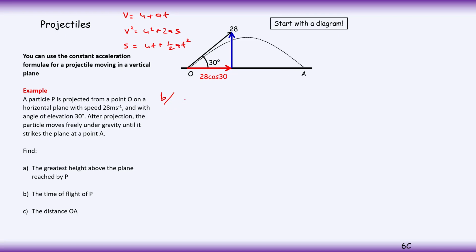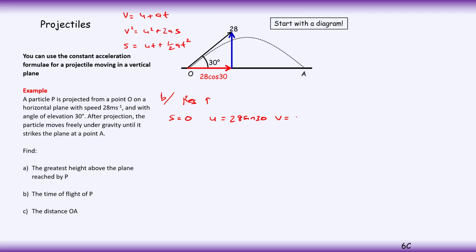Again, I'm going to resolve vertically. Because the displacement at point A is going to be 0, S is equal to 0. U, the initial speed, is 28 sine 30.